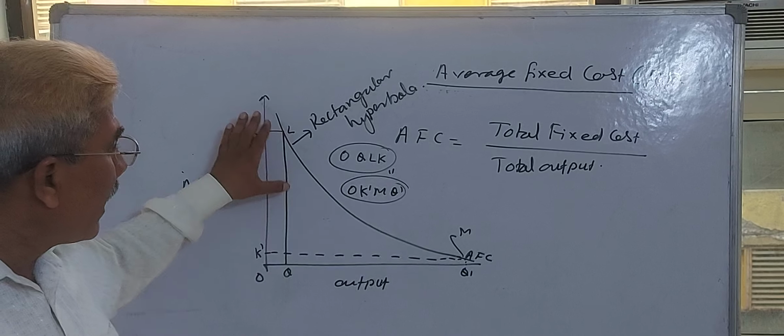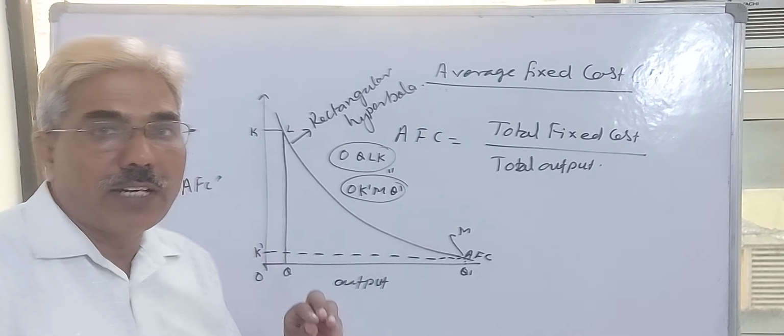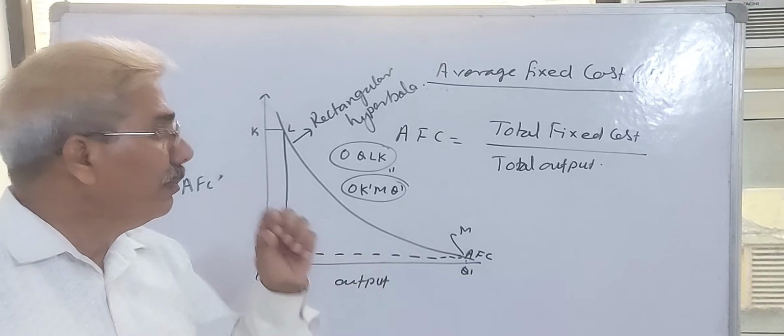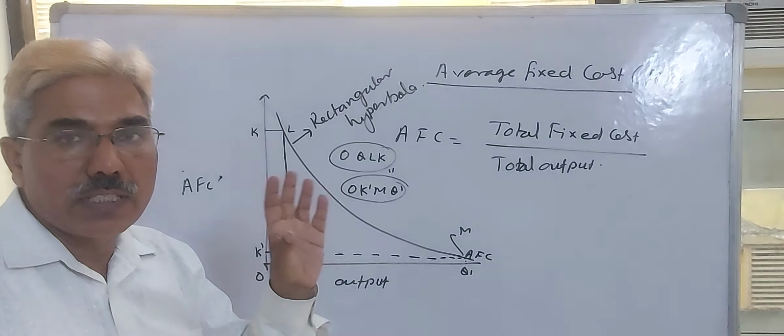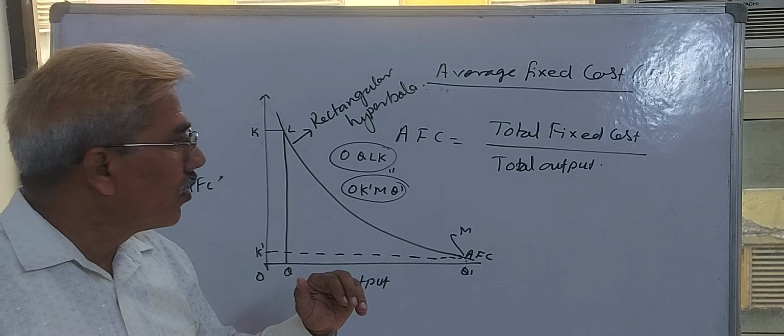Total fixed cost at every point of this curve will be constant. Now the confusion is clear. I will further explain tomorrow.